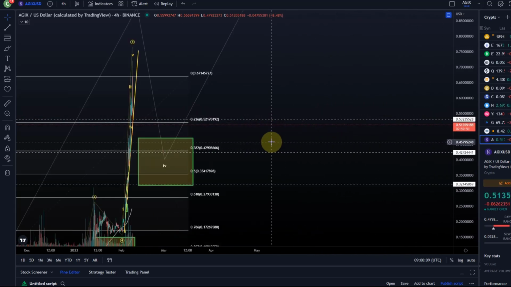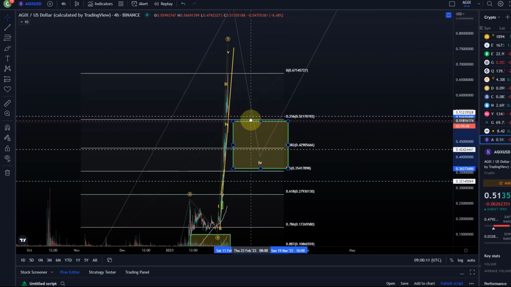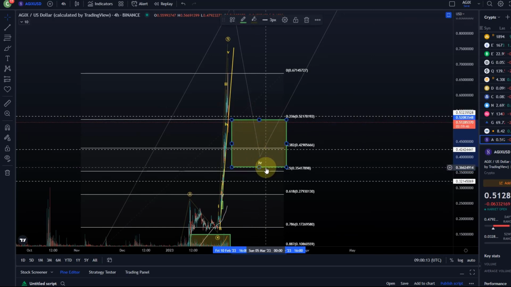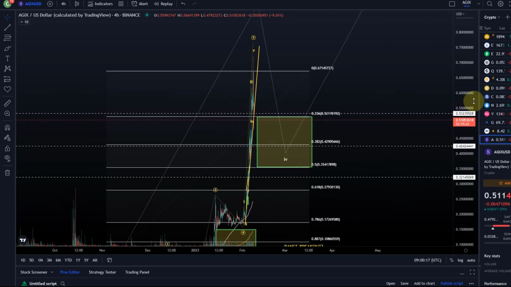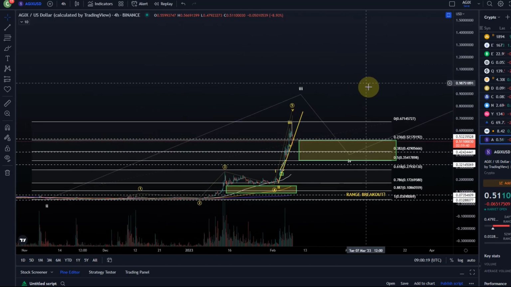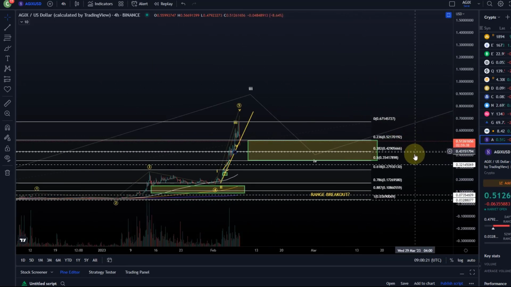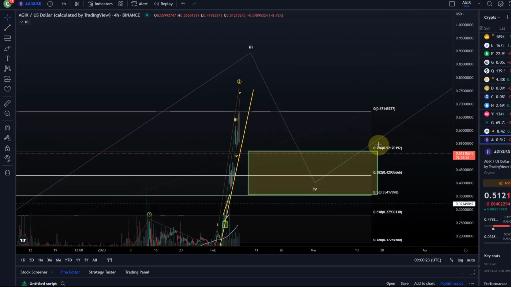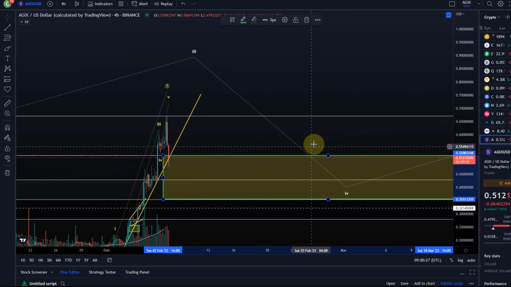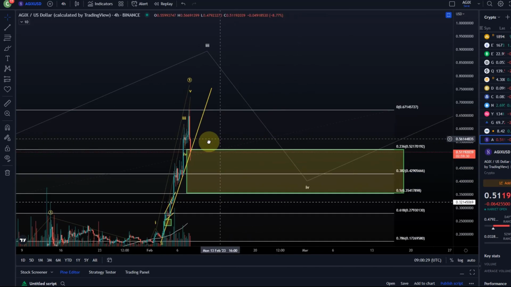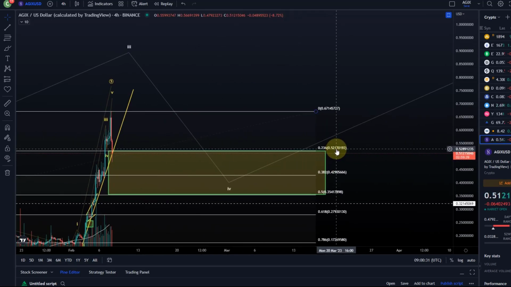And there we go. The key target for a wave 4 has already been reached. It's always between the 23.6 Fib and the 50% Fib, with the 23.6 Fib not being a very ideal target because it's very shallow. We've already dipped below the 23.6 Fib here at 52.2 cents.